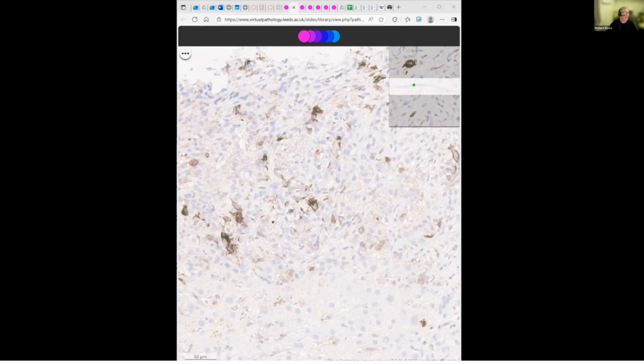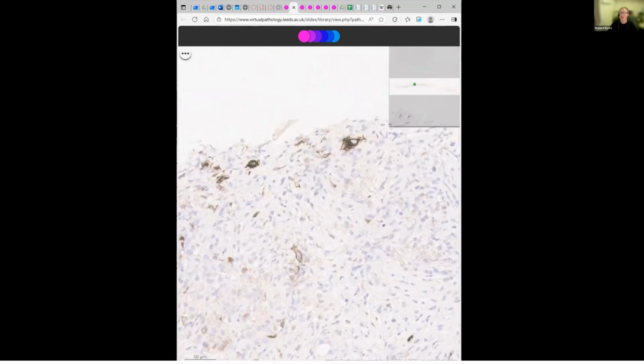So they were CD15 positive. They were CD45 negative. That's leukocyte common antigen. And they were 79A negative. So we know they're negative for classical B cell markers, but weakly positive for PAX5.